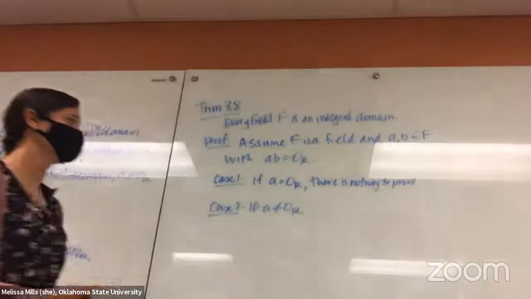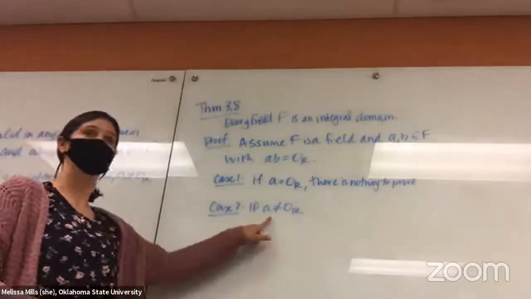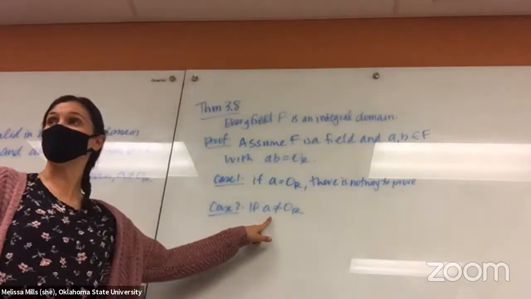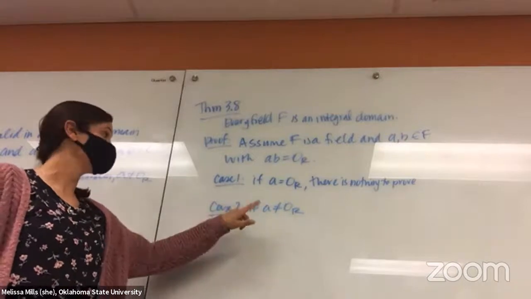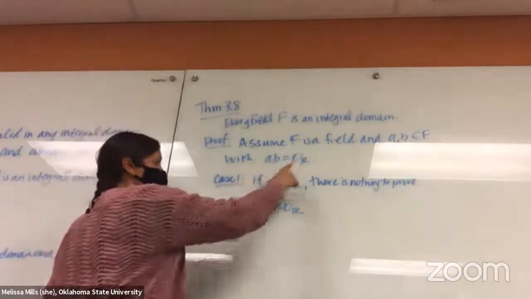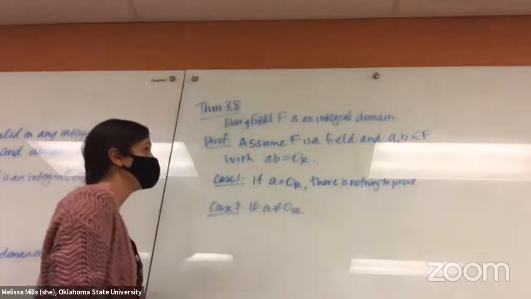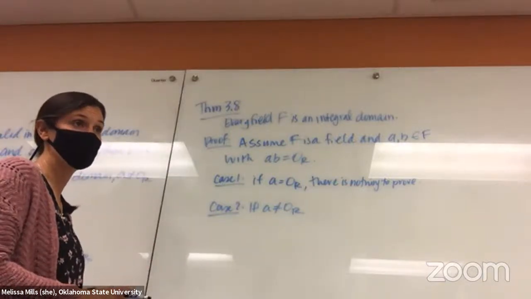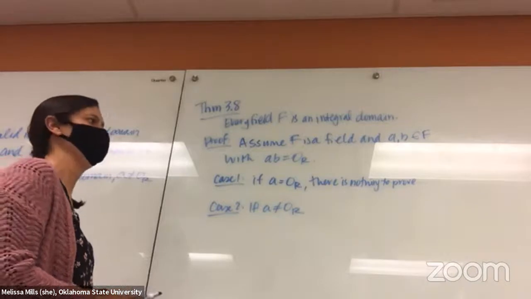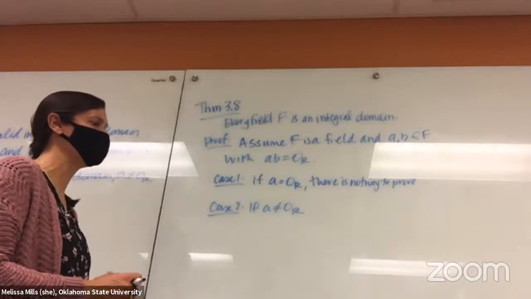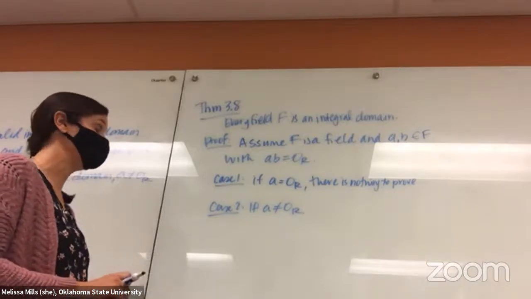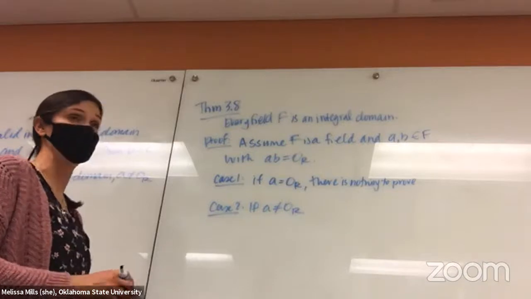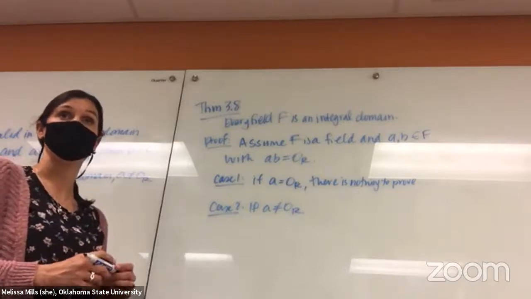And if A is non-zero, then what do we need to prove here? B has got to be 0. So now we have that AB is 0 and A is non-zero. And we also have that F is a field, so we need to use that some way. F being a field is going to tell us that every non-zero element has what?